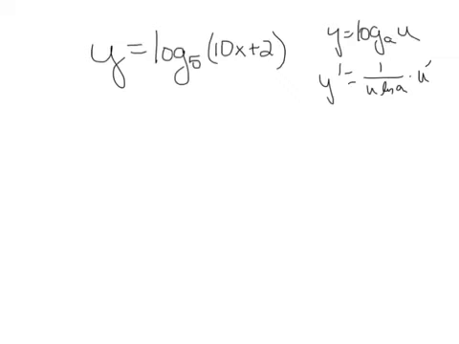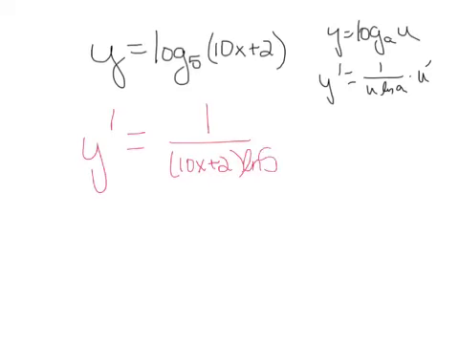So here's a quick example. This stuff really is not that hard once you just memorize these formulas. The derivative is going to be 1 over the inside function here, which is 10x plus 2. You got to tack on a natural log of 5, because that comes from this base right there. And then you're going to tack on the derivative of the inside function, which is where a 10 over 1 comes from.